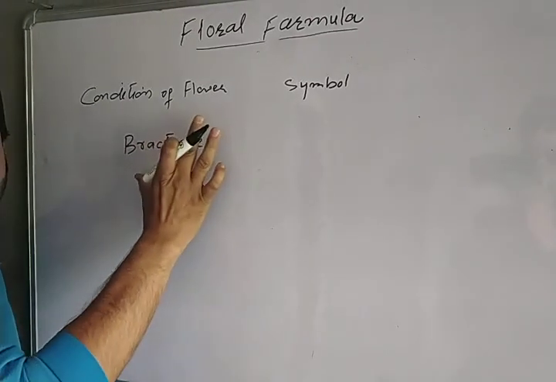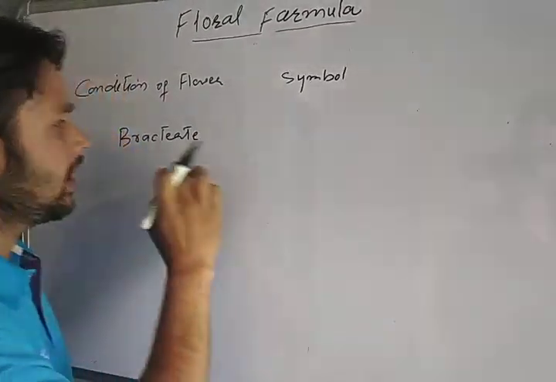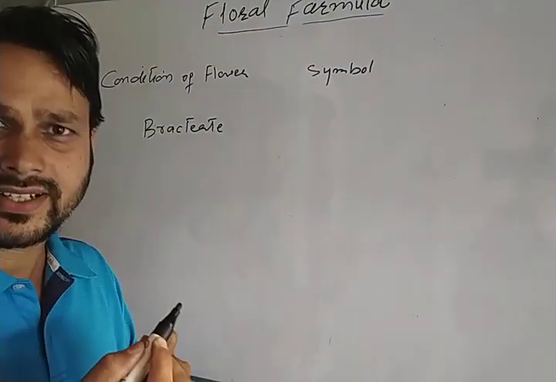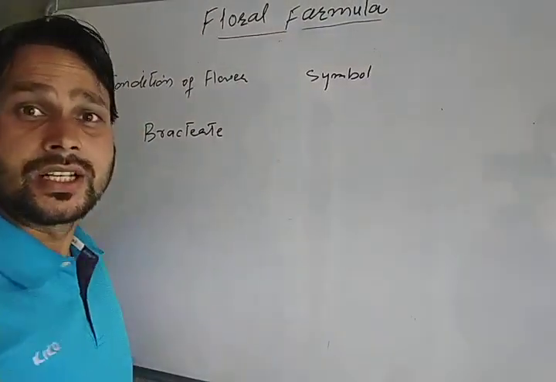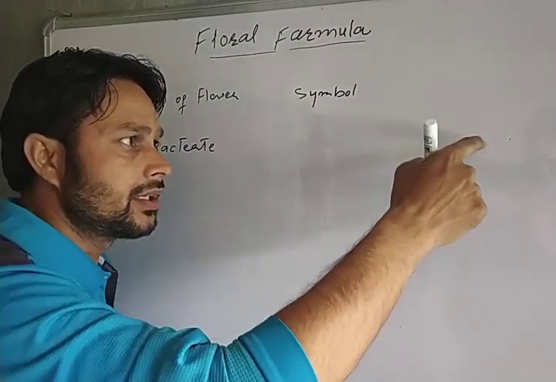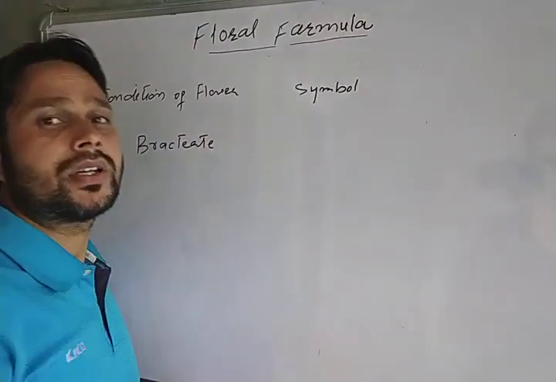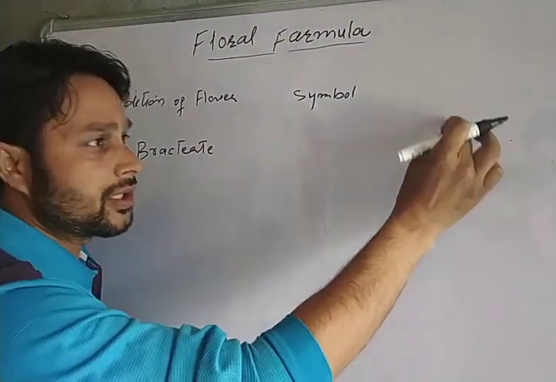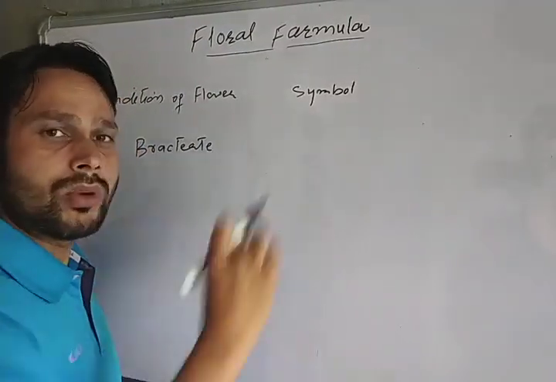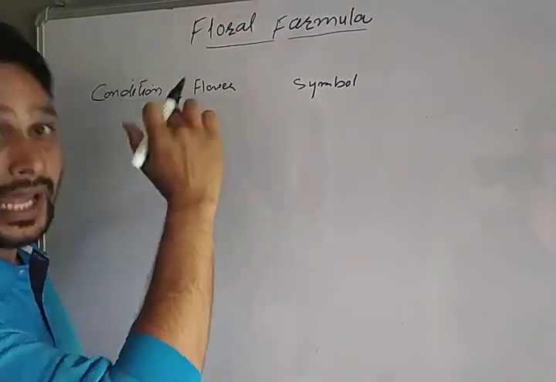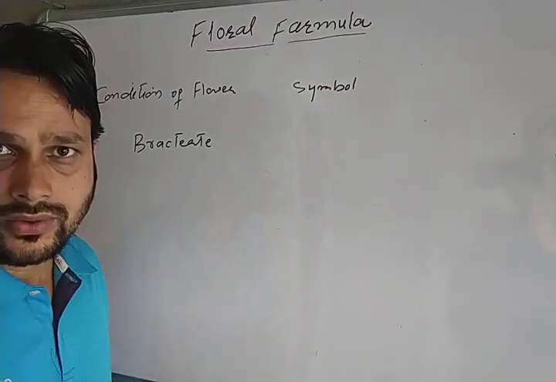This is the condition, bracteate. A bract is basically a small leaf-like structure which arises from the base of the pedicel of a flower. The pedicel is the point where the flower is born, and when a small leaf-like structure arises at the base of that pedicel, it is called a bract, and the flower having a bract is called a bracteate flower.